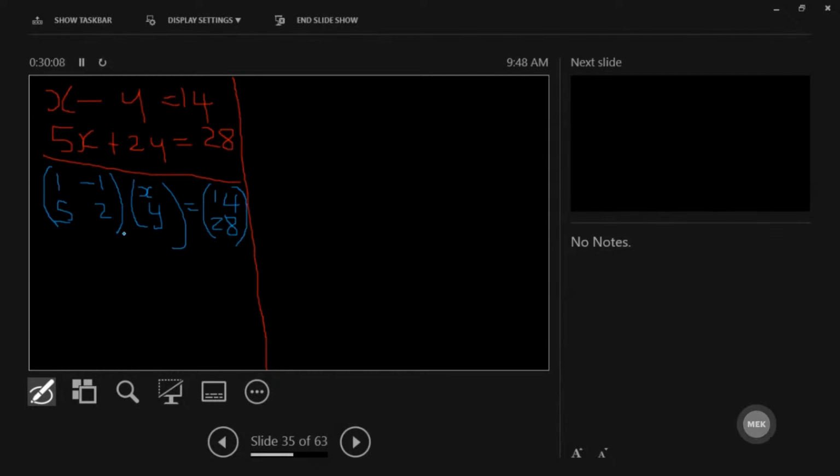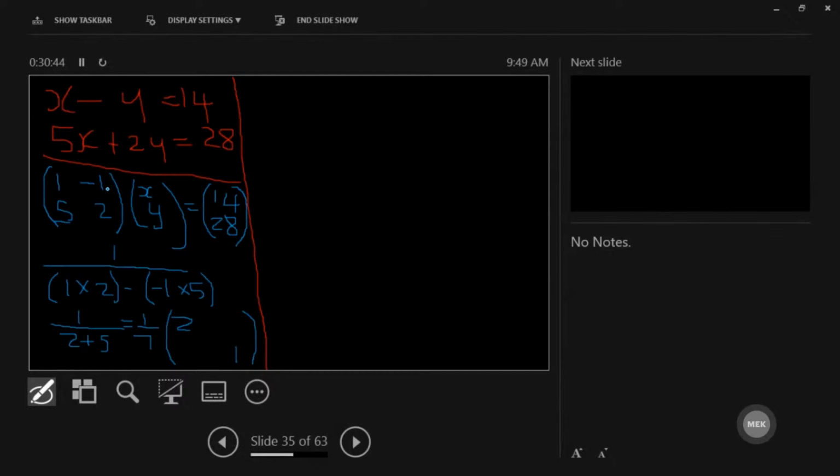So it's 1 over the determinant times the adjoint to find the inverse. The determinant is A times D, so that's 1 times 2, minus B times C, so that's negative 1 times 5. And that would give 1 over 2 plus 5. So that's 1 over 7 times the adjoint, which is to switch places with the A and D. So the 2 comes here, the 1 goes there.